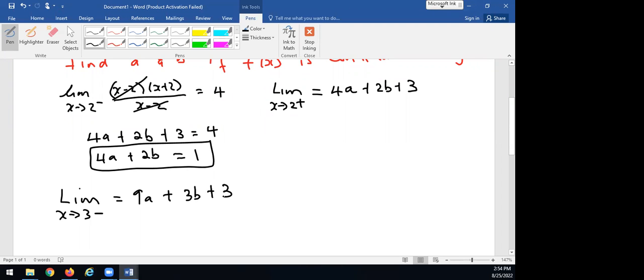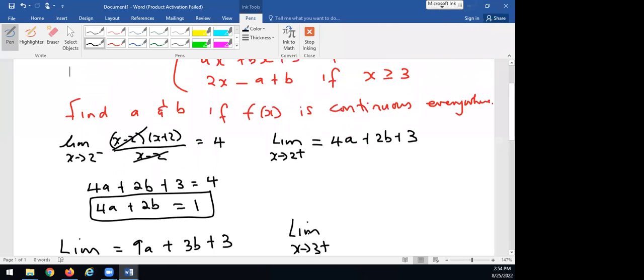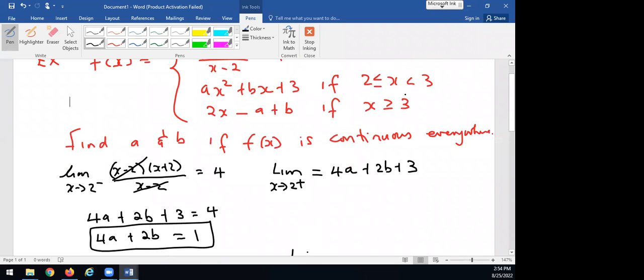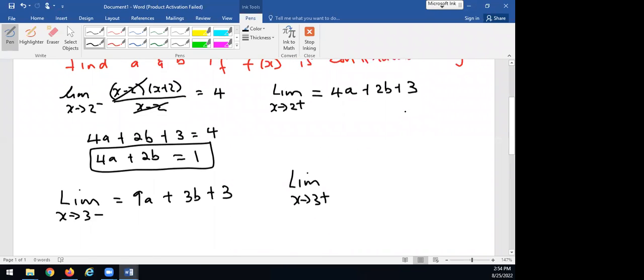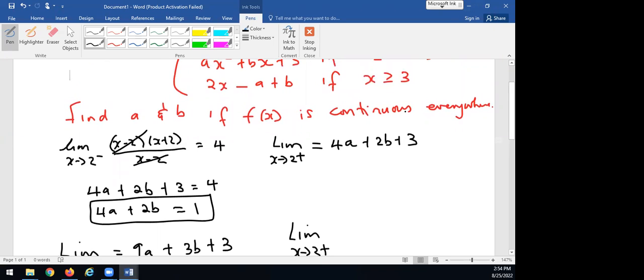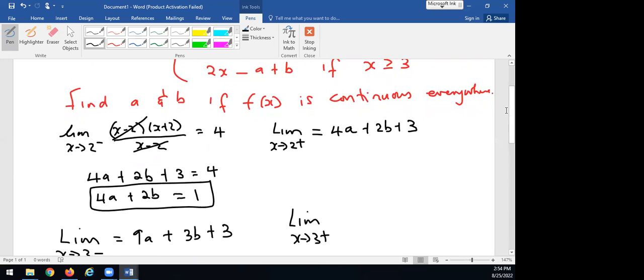Right. Now also look at the limit as x approaches 3 from the right. Which equation are we using if it says 3 from the right? Right, when it's greater than or equal to 3. So that's 2 times 3, that's going to give us 6 minus a plus b.